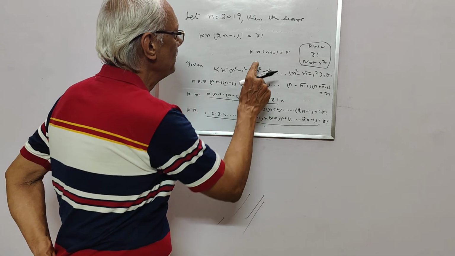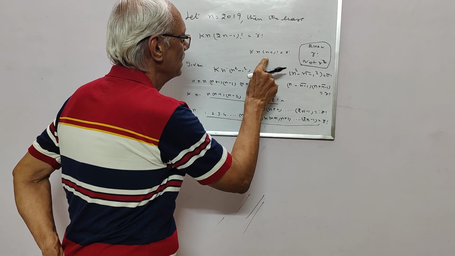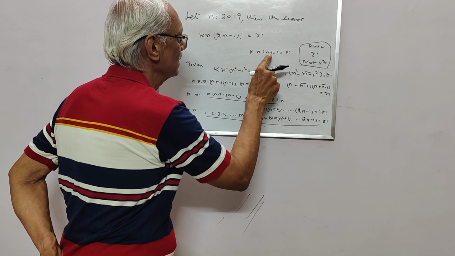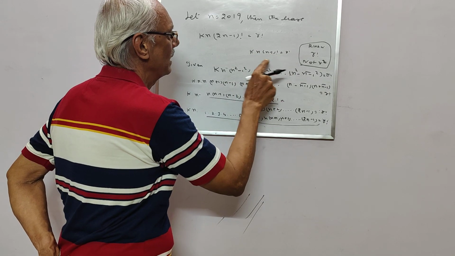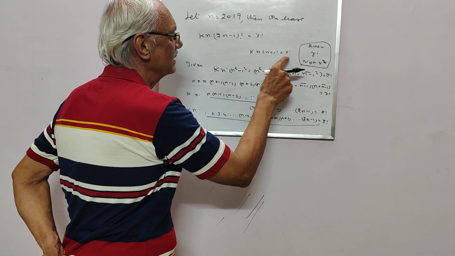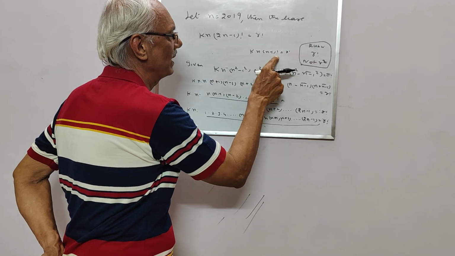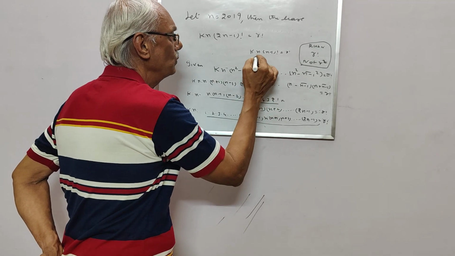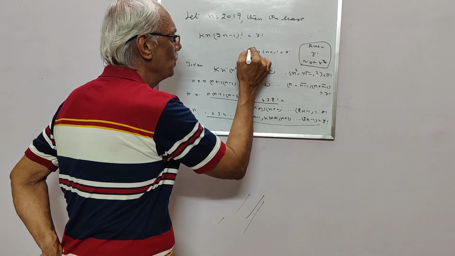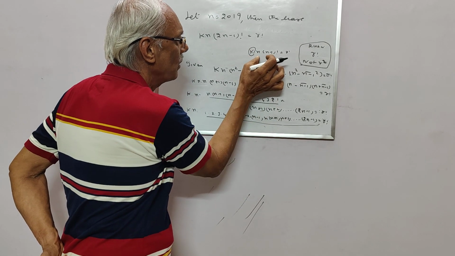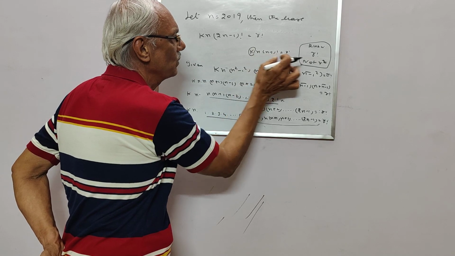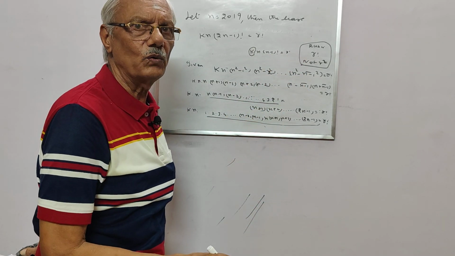Now you see, just an example here. Let us suppose that you are having kn into n minus 1 factorial equal to r factorial. Now the question is, what value will you assign for this k, so that the left hand side factorial notation is equal to the right hand side factorial notation?